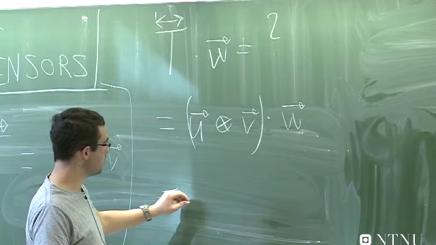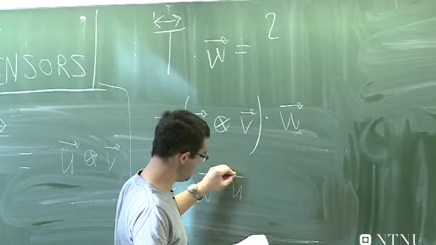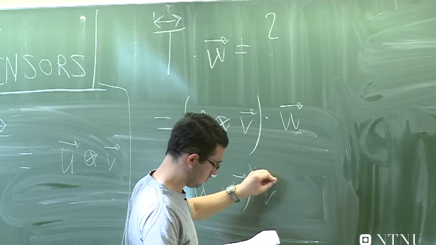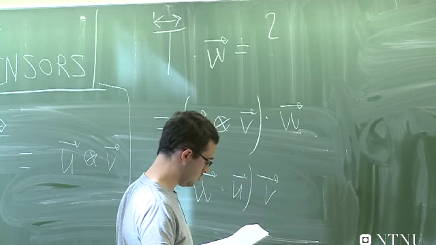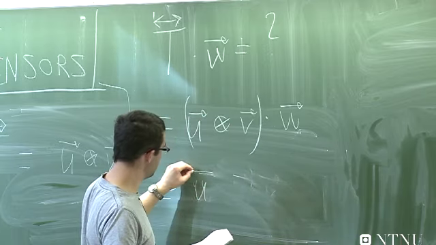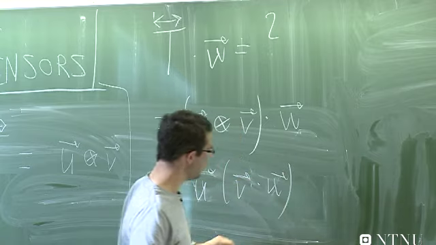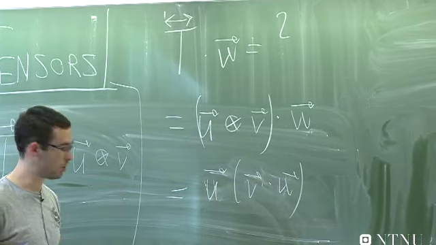And that should be then just w dot u. No, I'm in the wrong place. Let's see. u v dot w. So it points along the u vector.